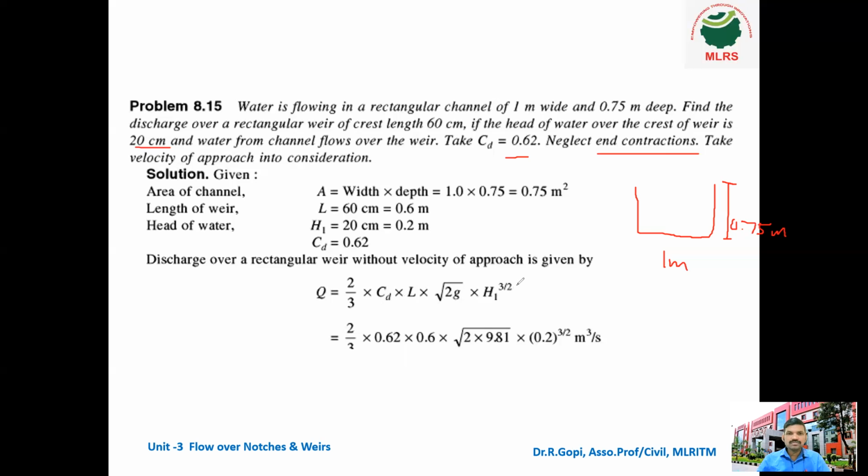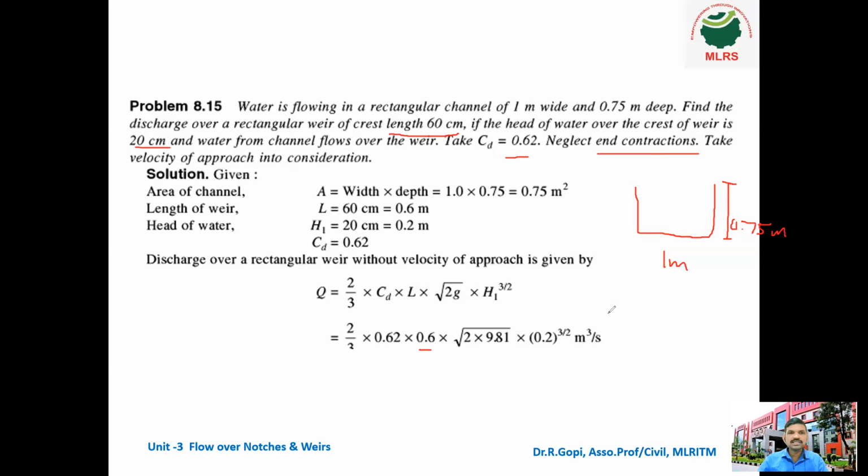So 2 by 3, CD is 0.62, into length 0.6, into root 2 into 9.81, into H1, which is 0.2, that means 20 centimeter, power 3 by 2, in meter cube per second.